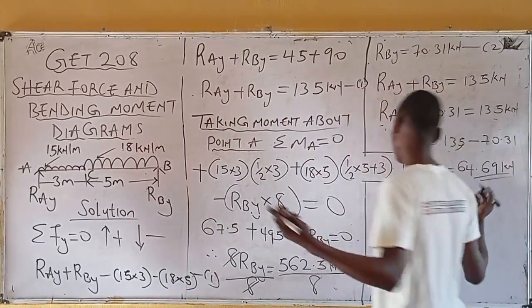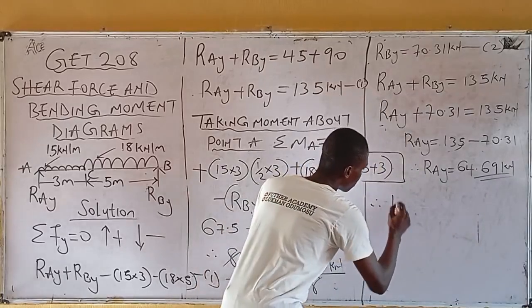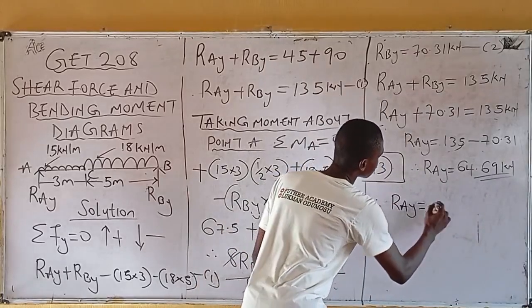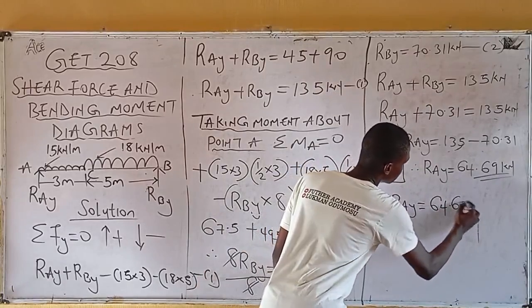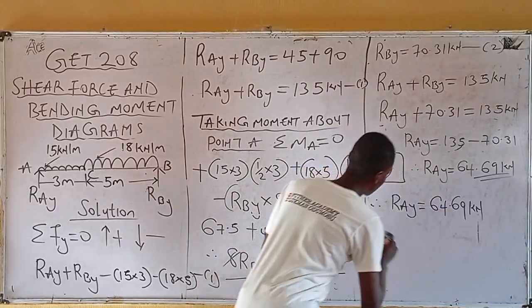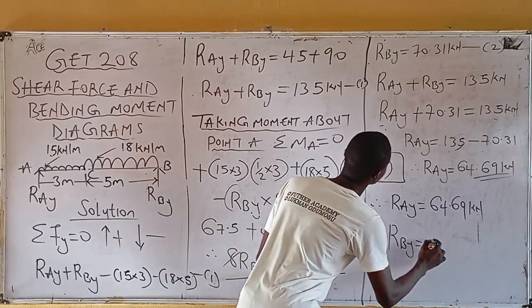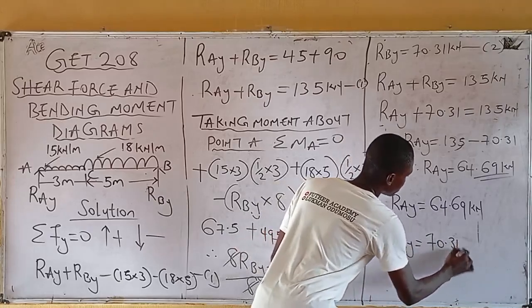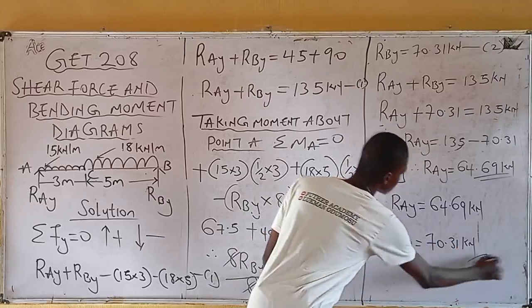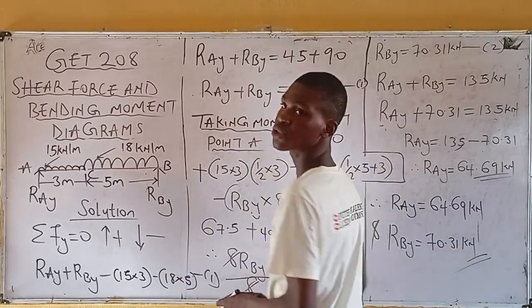So your choice. Therefore RAY is equal to 64.69 kilonewton and RBY is equal to 70.31 kilonewton. So this is your support reaction.